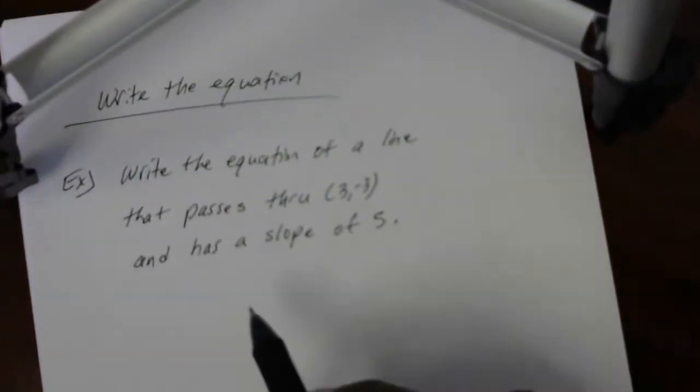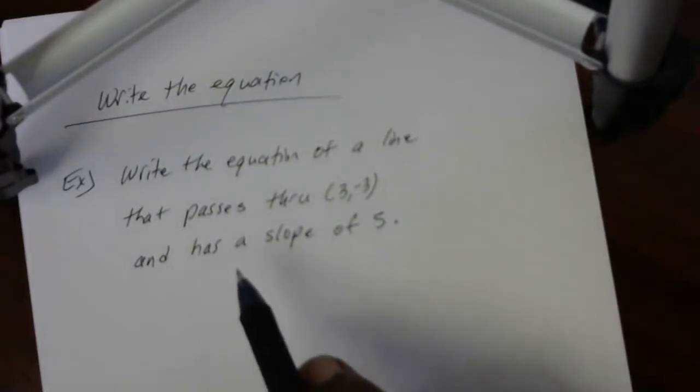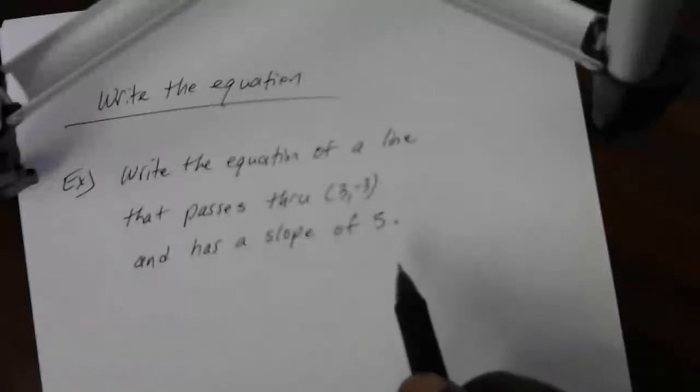All right, so write the equation of a line that passes through 3, -3 and has a slope of 5.